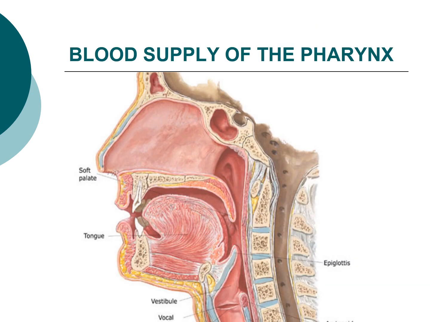What is the blood supply of the pharynx? If you want to know the blood supply of any structure, you have to remember the artery which has the same name as the structure you are looking for. For example, the pharynx. Do you remember any pharyngeal branch of any artery?